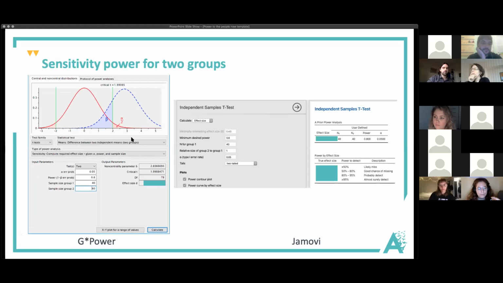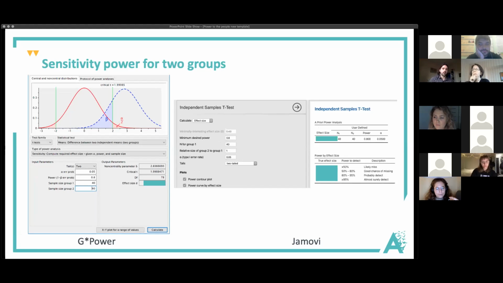So moving on, we can then flip it around and say, oh, I didn't actually do a power analysis when I designed the study. Now I've got the sample size. What effect size would this reliably detect? So we're still focusing on two groups. If you're in G-Power, you need to switch the type of power analysis from a priori to sensitivity.